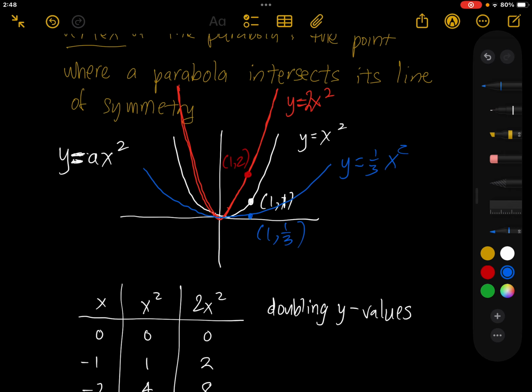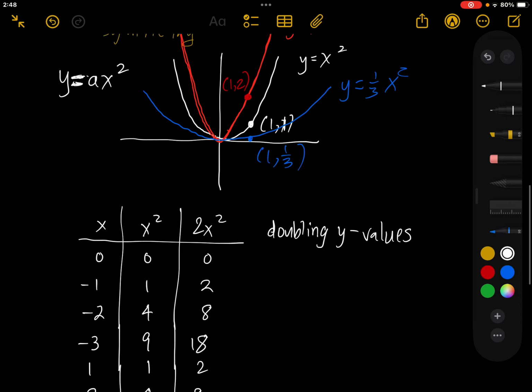What happens if you took negative values of a? So for instance, if you did negative x squared, well, y equals negative x squared is going to look like this. It's just a mirror image of y equals x squared.